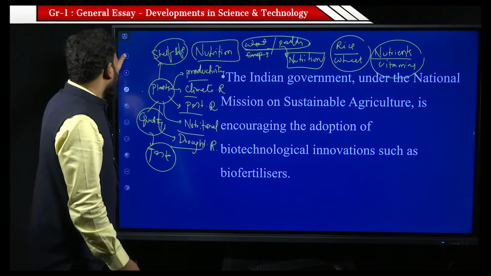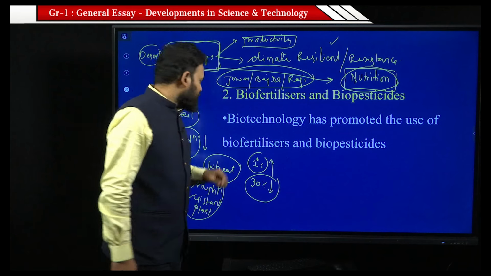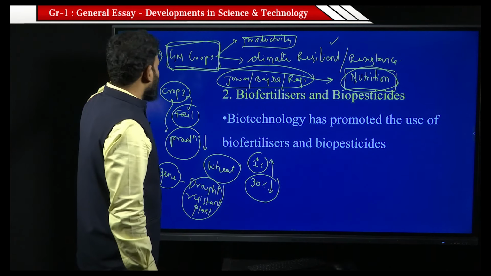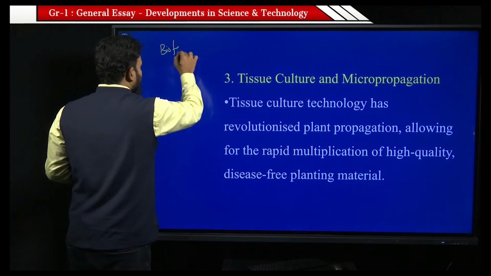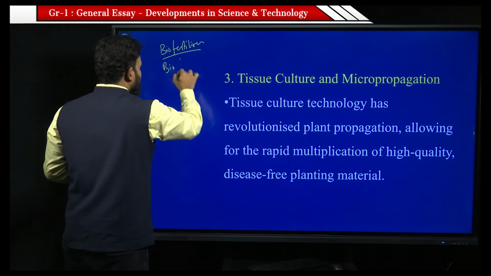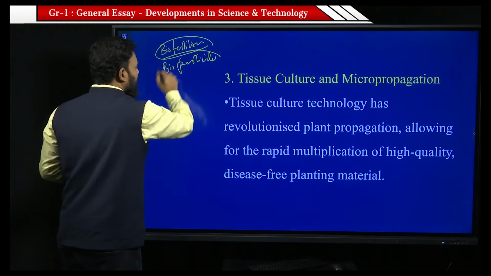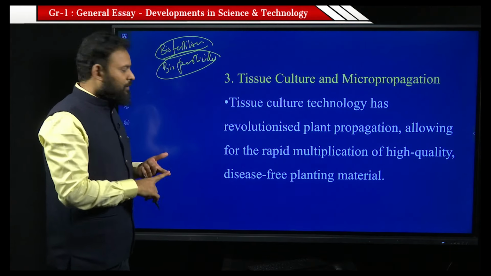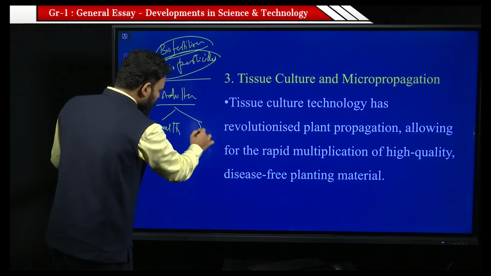So let's see, biofertilizers and biopesticides. Earlier, because of increased use of fertilizers and pesticides, they have become adulterated. They are having negative consequences on the health of the people and even on the soil.